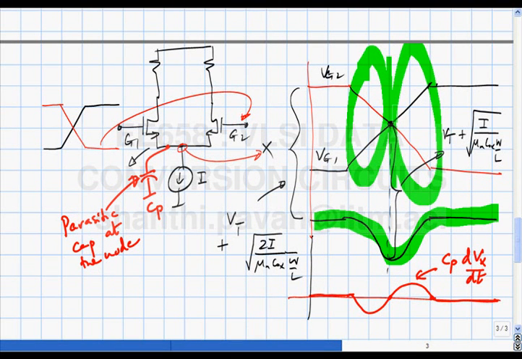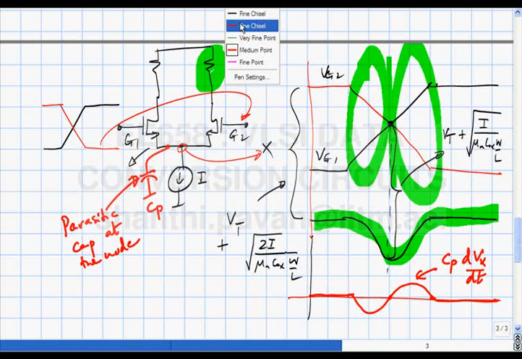But now what do you see? You not only have the DC current I, the tail current, but you also have a displacement current through the parasitic capacitance at that node. The current through each of these load resistors is the DC current plus the displacement current. If I plot this waveform, what will happen?